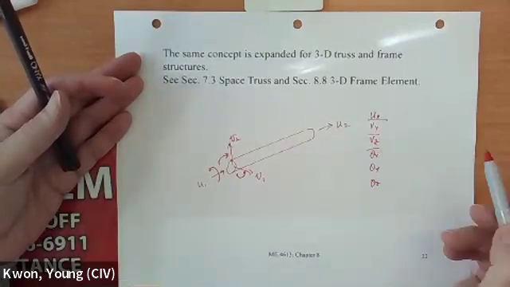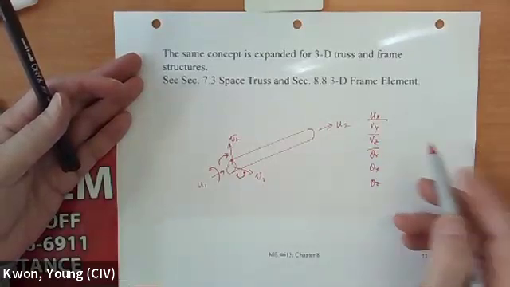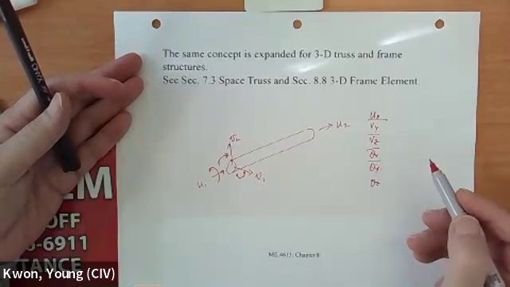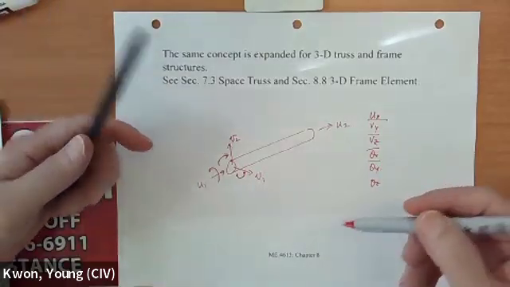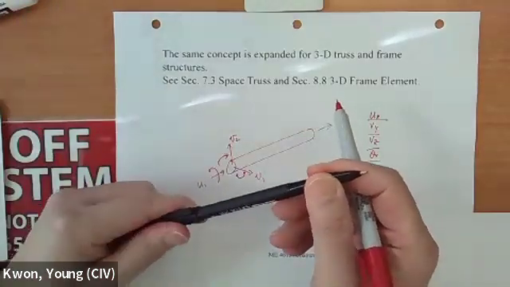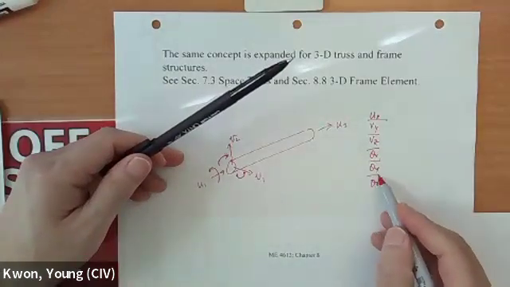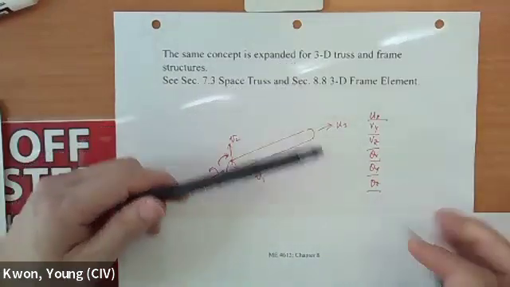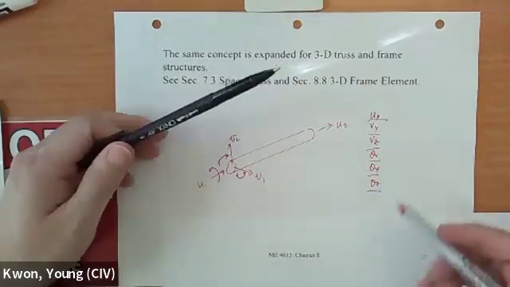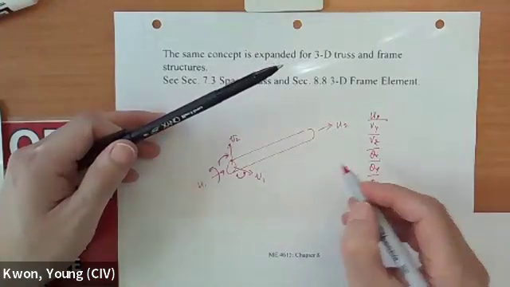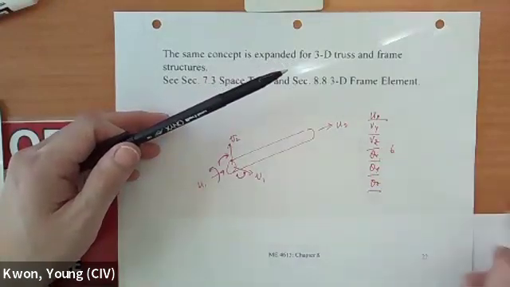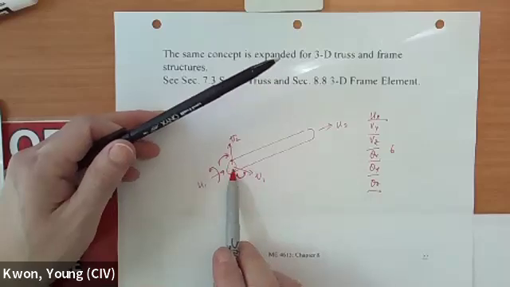Those are two transverse displacements. And this is going to be the angle of rotation. And those are two slopes due to bending. So you got now six degrees of freedom for each nodal point.